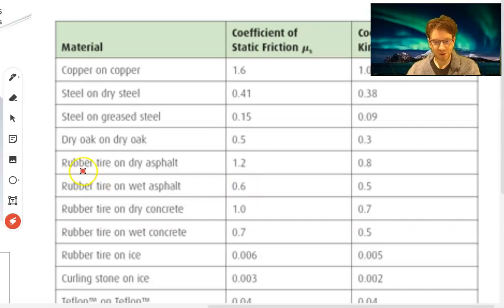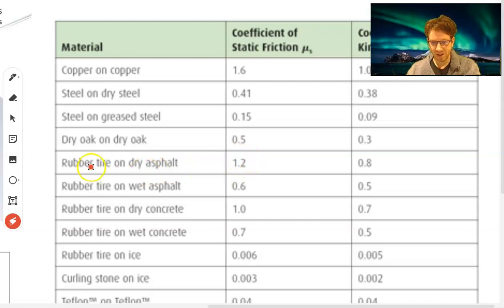So for example, rubber tire on dry asphalt. The coefficient of static friction, which is mu s, that's the Greek symbol mu, it's like the letter U with a tail on it, is 1.2. Now the coefficients don't have any units, they're dimensionless, so you don't need to worry about the units.